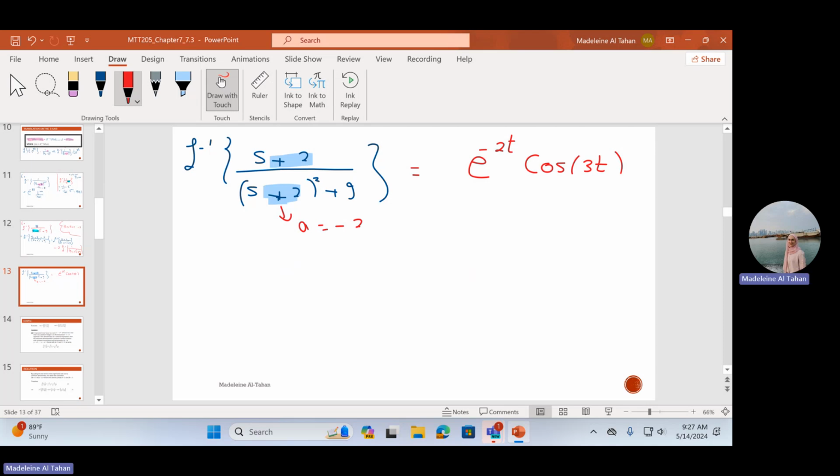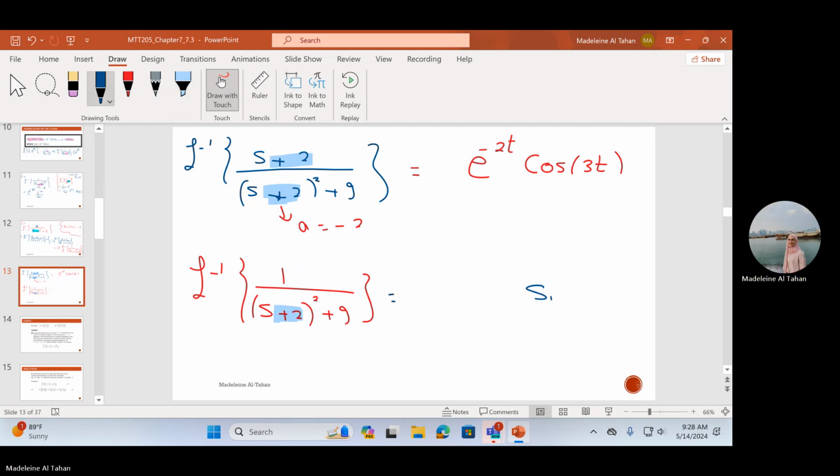The second one, Laplace inverse of 1 over ((s plus 2) squared plus 9). We will remove the plus 2. This one reminds us of sine 3t. When we have sine, it means we divide by 3, and this will be multiplied by e to the minus 2t.